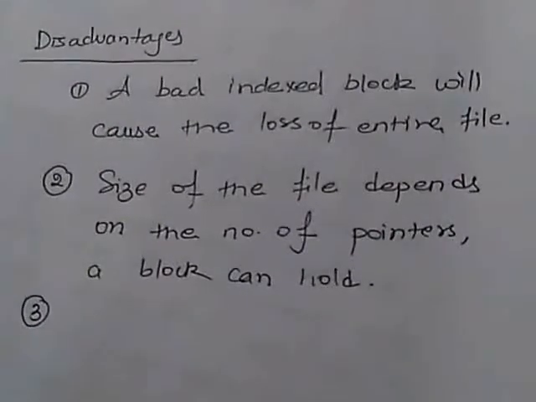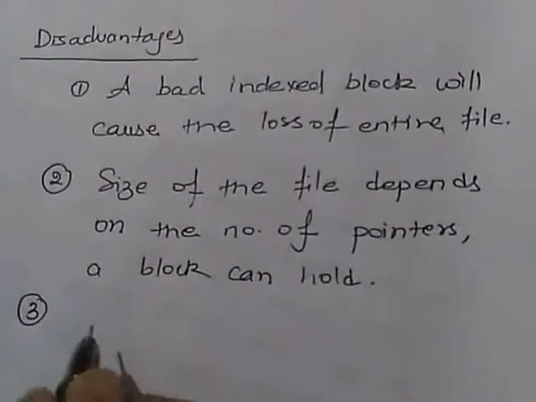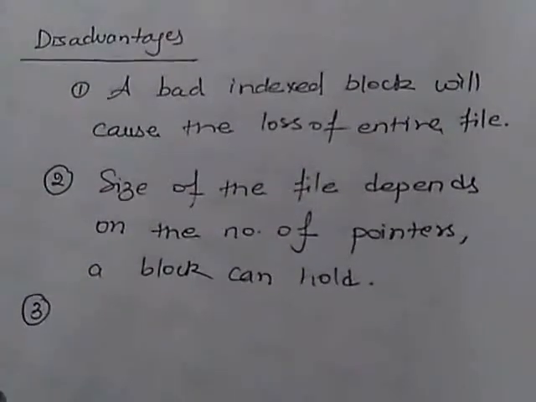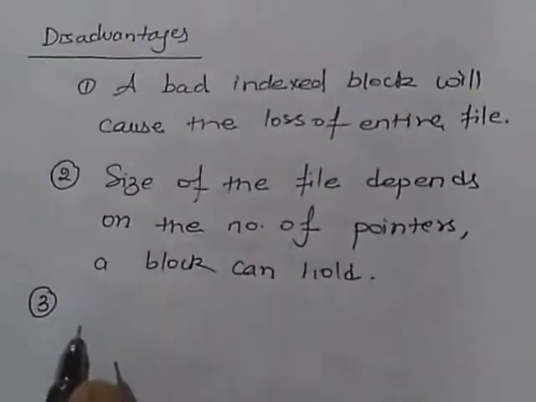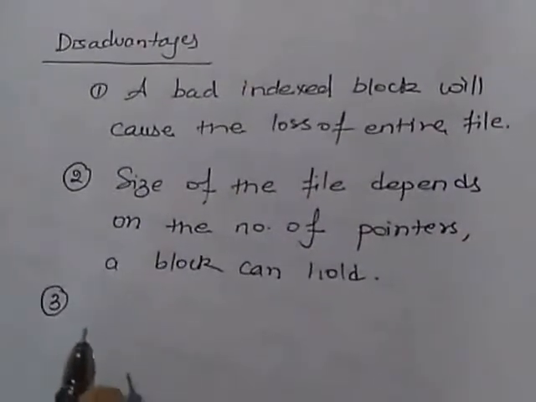Point number 3, as we know, index allocation is used to hold multiple block entries in a single block of a hard disk.